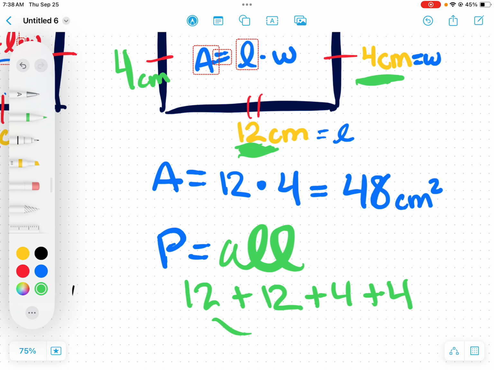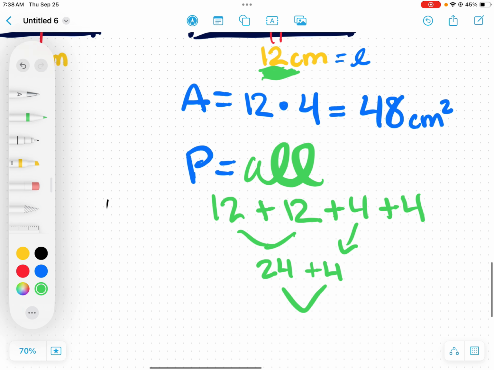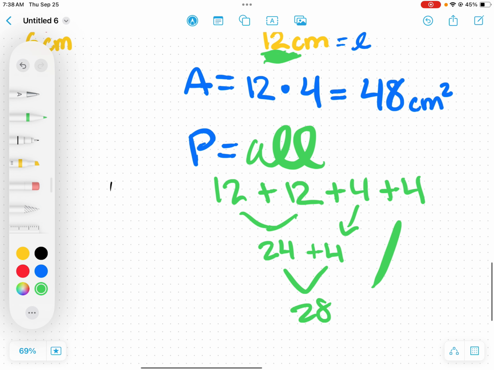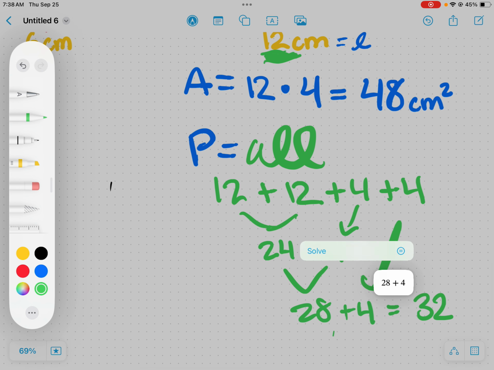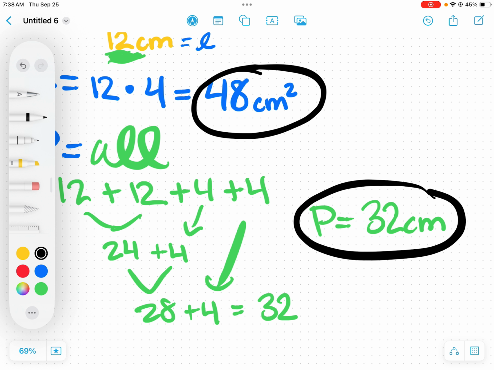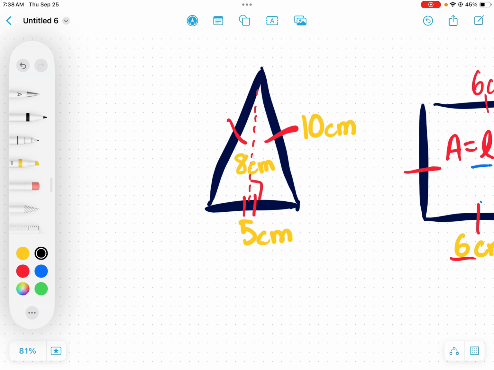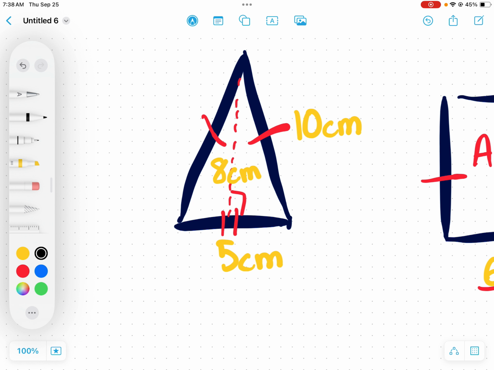Okay, 12 plus 12, that gives me 24. Plus 4, that gives me 28. And then we still got one more plus 4, which will give us 32. Okay, so my perimeter equals 32 centimeters. Okay, so an area is 48 centimeters squared. Perimeter is 32 centimeters. Last but not least, let's try our triangle over here.